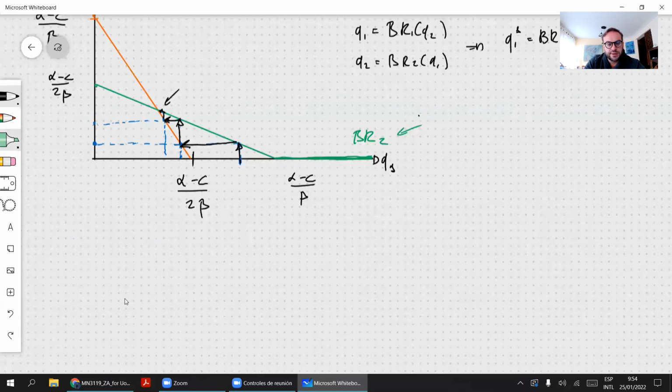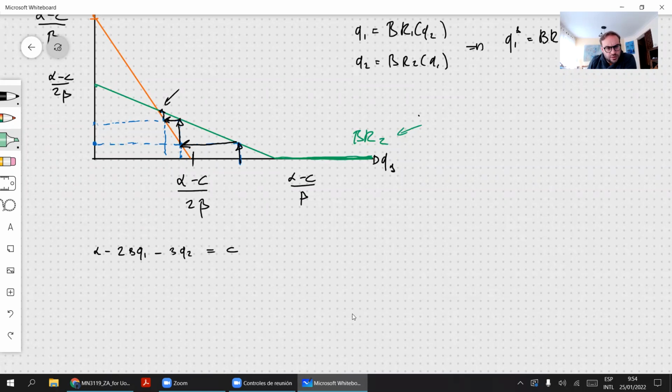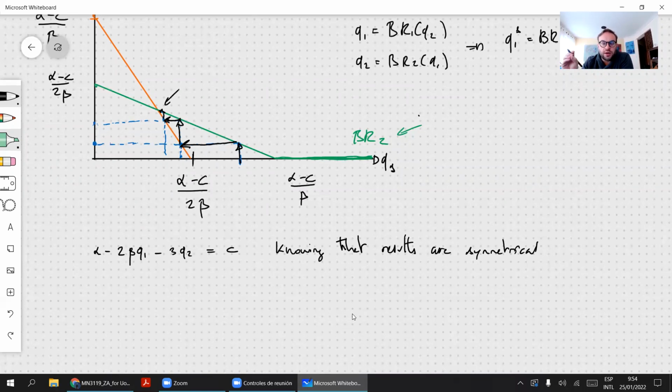So two tips. First one is, no, there's a beta that is missing. First one is knowing that results are symmetrical, because the agents are solving exactly the same problem, and this works only if the agents solve the same problem.